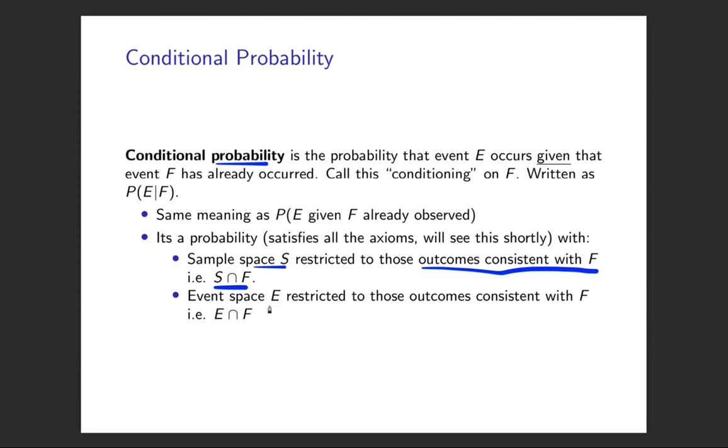And then the event, we can do the same thing, is restricted to the outcomes consistent with F. We're not interested in anything else. And so that's our event E intersection with F. And then the size of those two sets, we can do our counting to calculate probability.